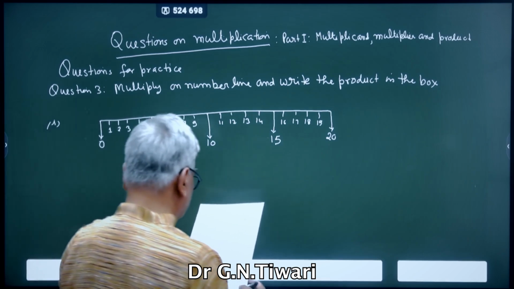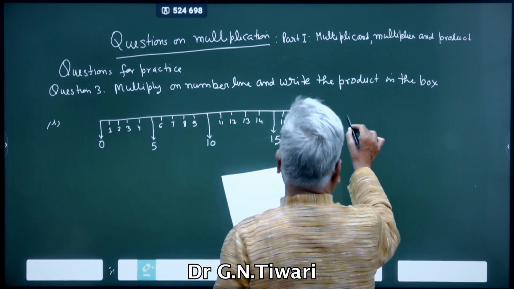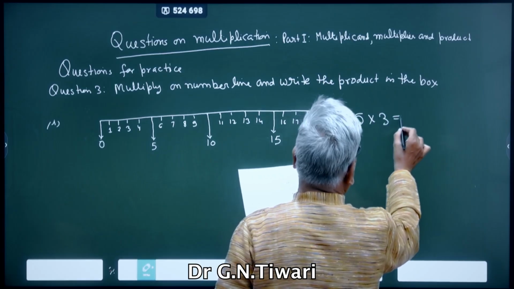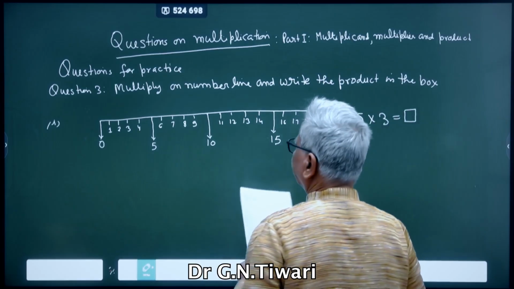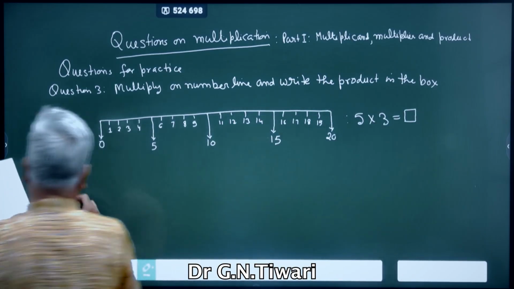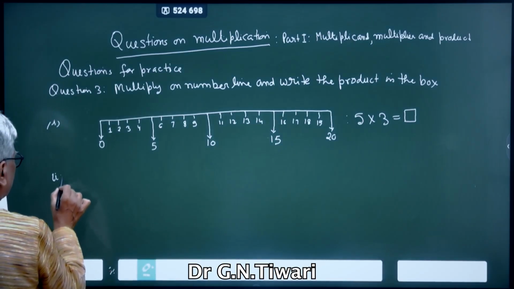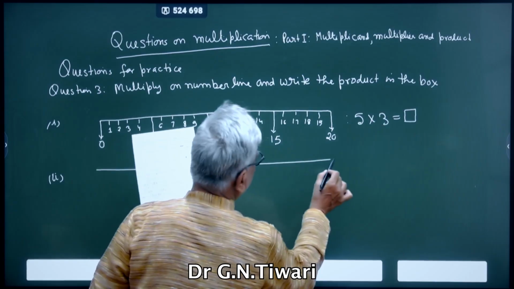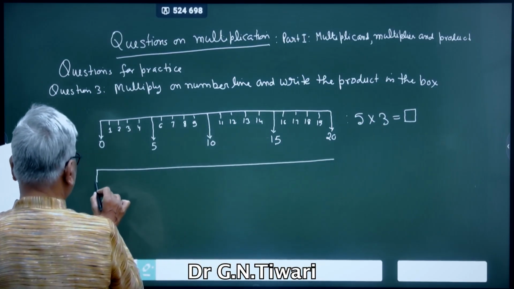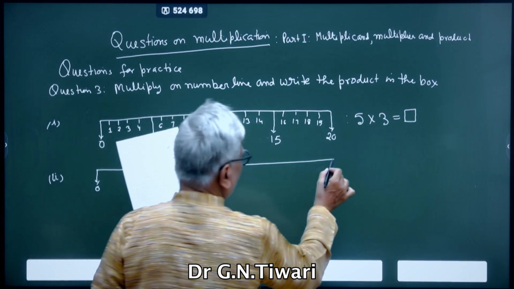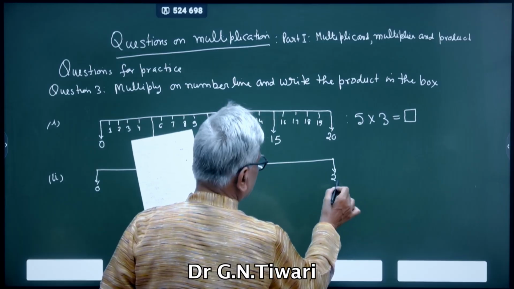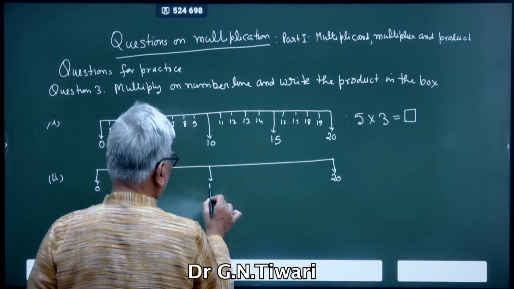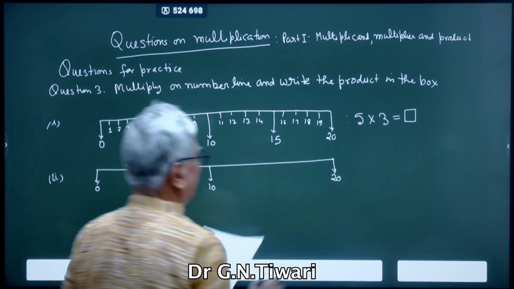And what they have to do? They have to do 5 into 3 is equal to. Second question. I will only draw 0 to 20. Ask the students to repeat the above numbers. This will also give the exercise.